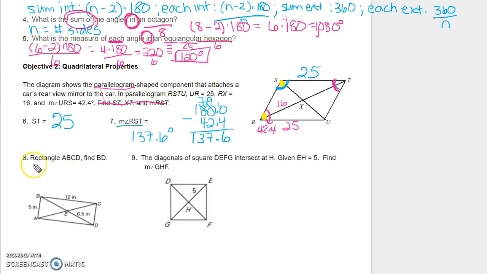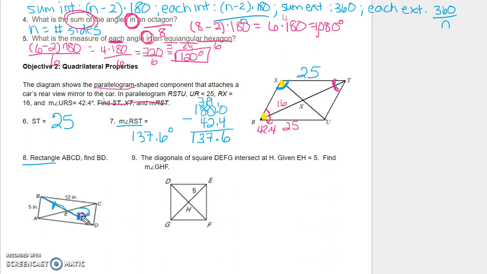Number 8, now we have a rectangle. Our rectangle property says that we have 4 right angles. It also has all of the properties of a parallelogram. They want me to find BD. That's part of a diagonal. In a parallelogram, the diagonals bisect each other, which means BE and ED would be the same.